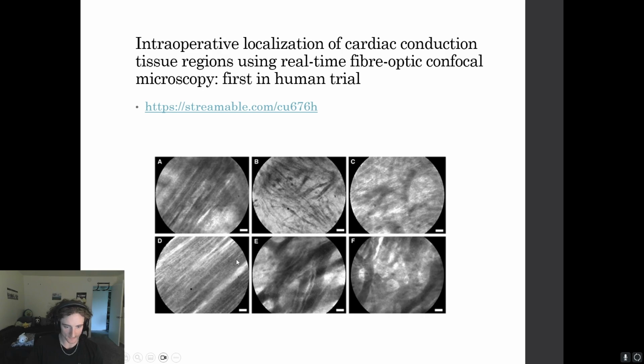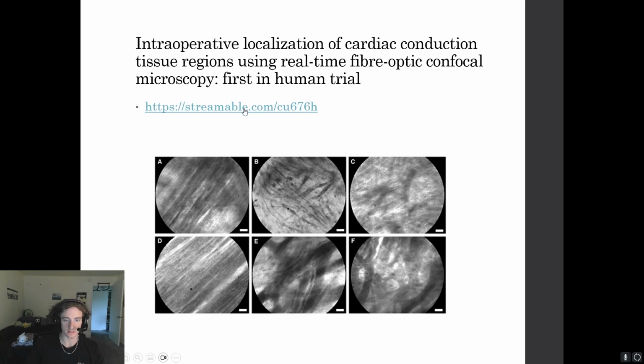Okay, so you see that striated appearance of the working myocardium. But look, this looks totally different. So this is going to be this AV node region. So we can even see a difference between SA node and AV node regions, but really both of those areas of connective tissue between SA node and AV node are way more reticular in appearance than the striated working myocardium areas.